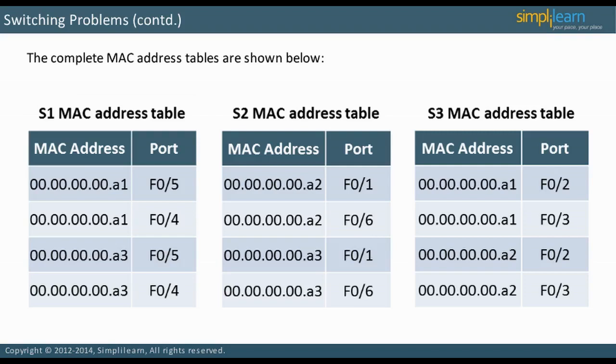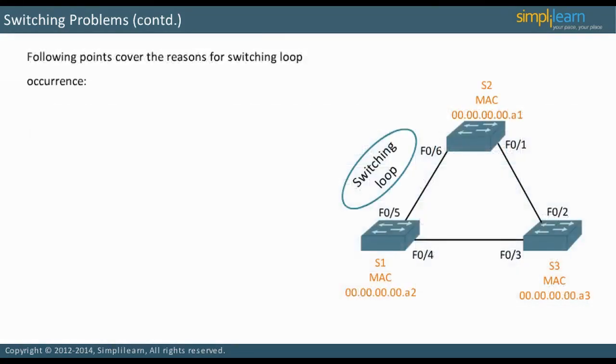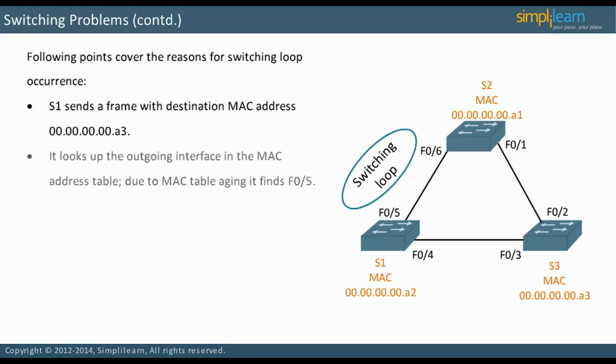What happens when S1 does a MAC address table lookup for MAC address A3? Let us discuss this in the next slide. The following points cover the reasons for switching loop occurrence. S1 sends a frame with destination MAC address 00.00.00.00.A3. S1 looks up the outgoing interface in the MAC address table.